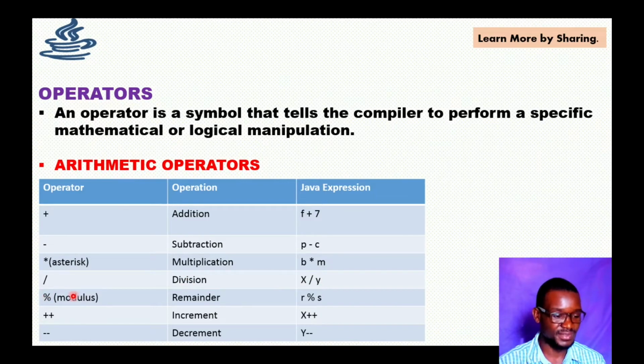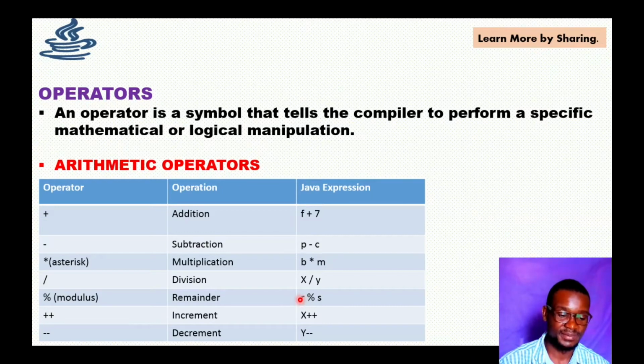We have the modulus, the remainder. If you want to find the remainder of a number, you use the modulus sign. In this expression, we are trying to find the remainder of r, with s having a value and r having a value.